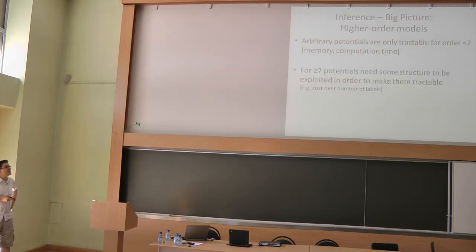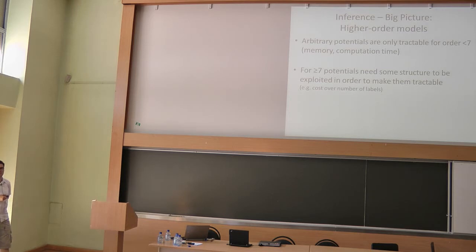And that's just on the big picture. If you have these higher order potentials, they're tractable up to a certain size, up to order of probably 6. It's possible, for arbitrary potentials, to optimize them, and there are either message passing techniques or combinatorial optimization techniques, but they get very hard beyond a certain size.